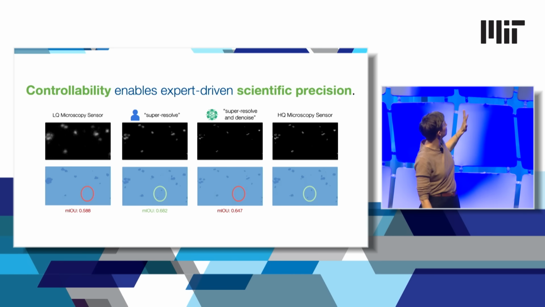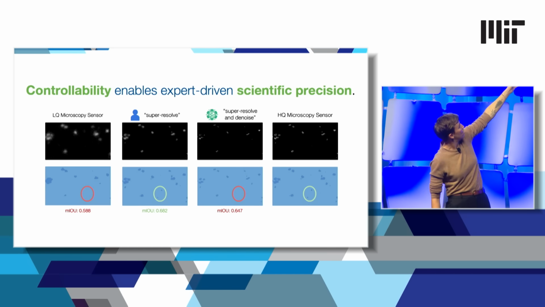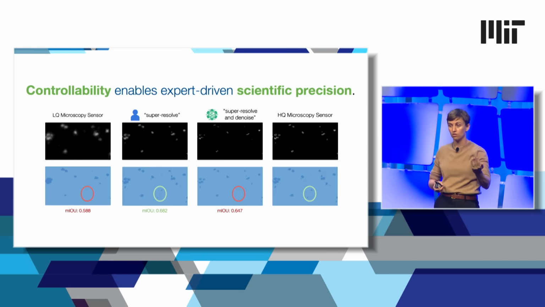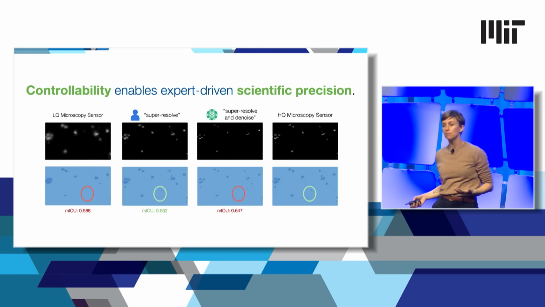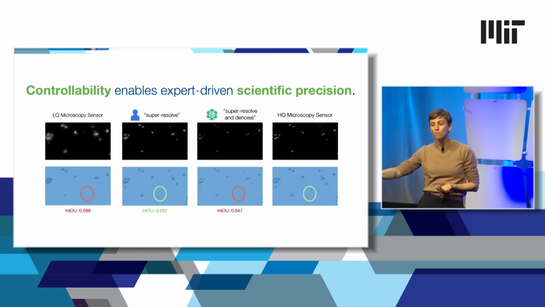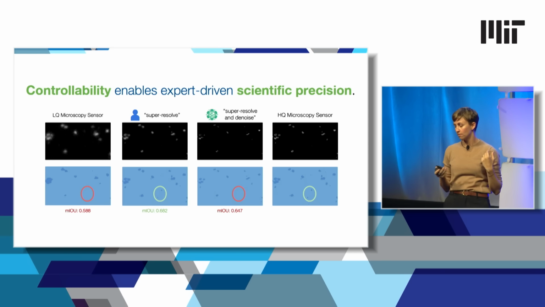Here you can focus specifically on this area, and you can see there are two objects that have been removed. Now if we compare this to a high resolution sensor that was actually taken of the same thing, so we know that this is ground truth, you can similarly see that by carefully removing or addressing only some of the dimensions of the data quality challenges, we get much more scientifically accurate results.